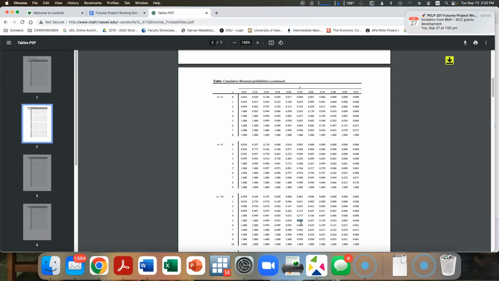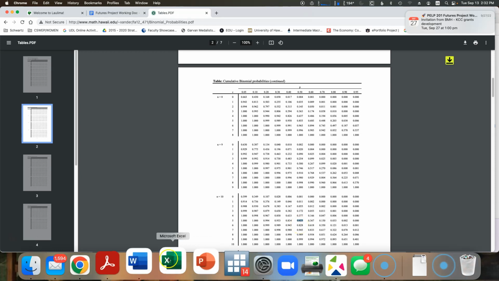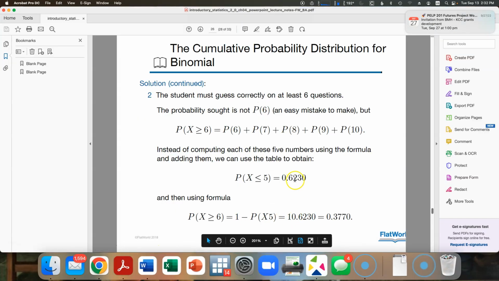To be honest, I think this is a little bit easier to use than the book. So that's where we got the 0.623 from. Again, n is 10, because there are 10 questions. You're finding what are the chances of getting 5 or less, where the probability of each outcome is 50%. So that's why we have 0.623. That's where we go right there.